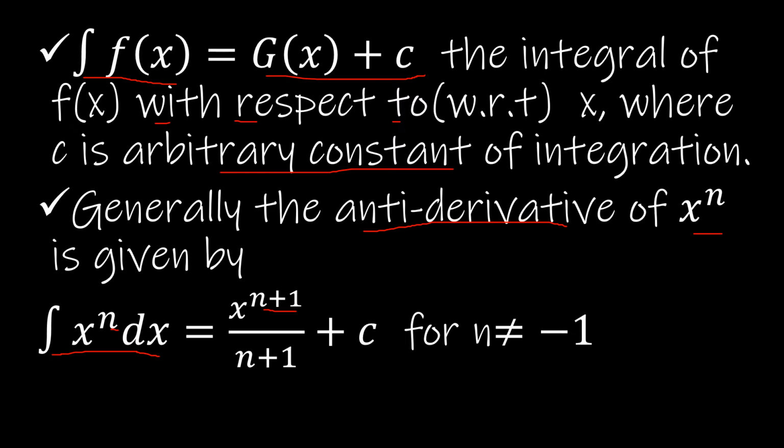You should make sure that this n is not equal to -1, because if it's equal to -1, then n+1 becomes 0, and the power of 0 is equal to 1. That's the reason I'm giving this condition here.